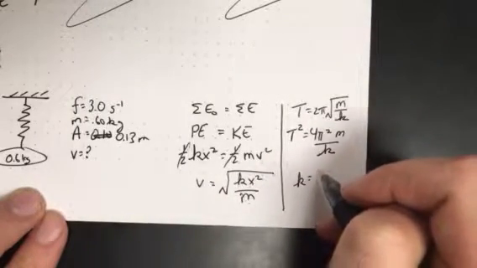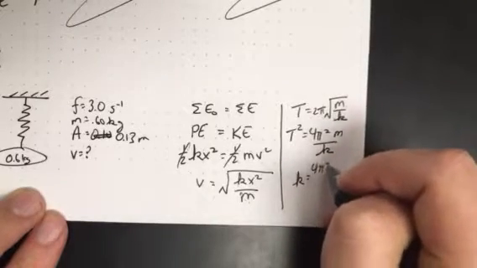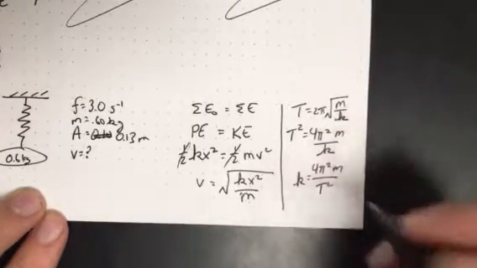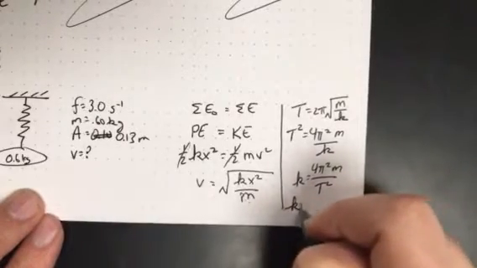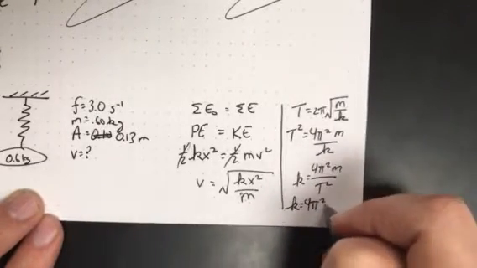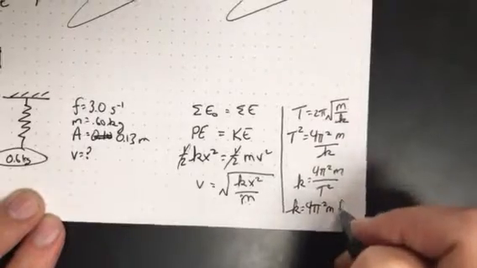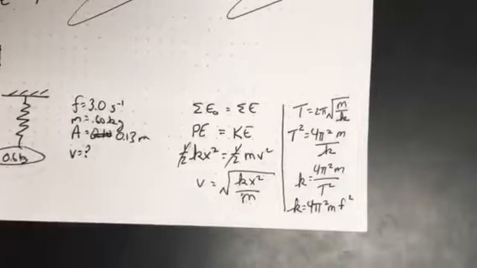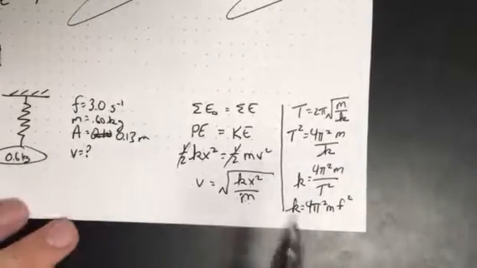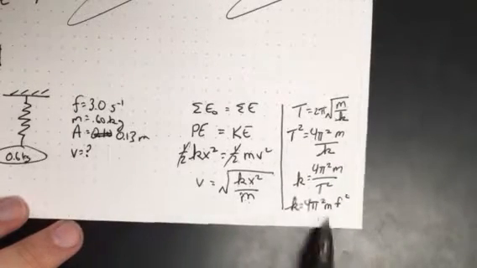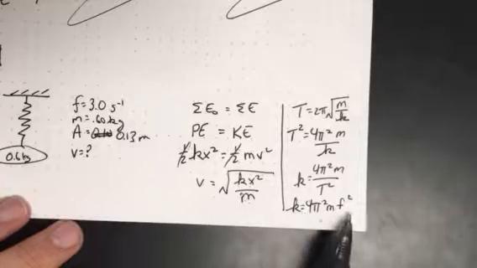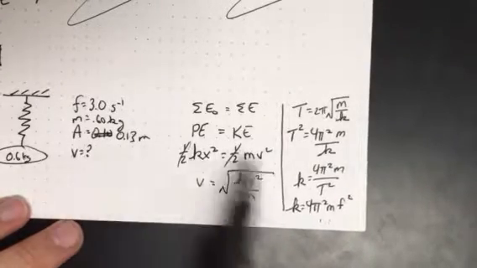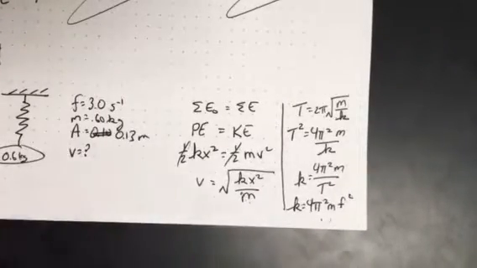So k is 4 pi squared m over T squared, but T is the same as 1 over f, so k equals 4 pi squared m f squared. So how do I solve this problem? I would plug in these numbers to get k first, and then plug in k into the velocity equation with the amplitude to find the velocity.